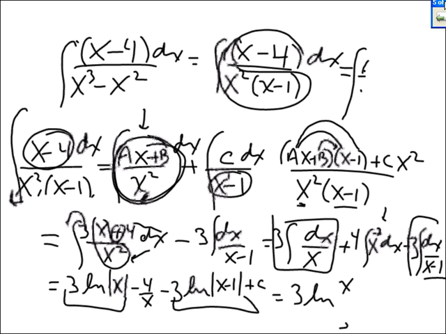But ln of x minus ln of x minus 1 is just ln of x over x minus 1. And let us not forget to take away 4 over x, and certainly not to forget to add c. Okay, that finishes the section on partial fractions.